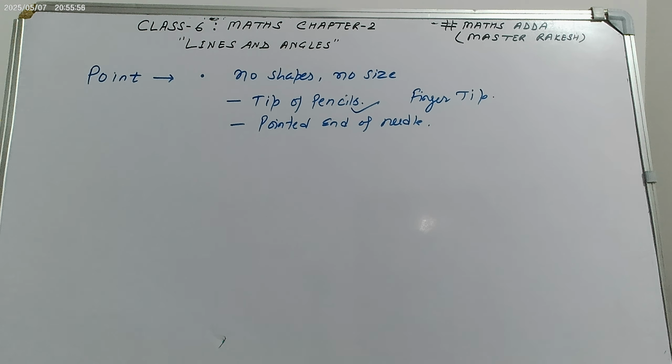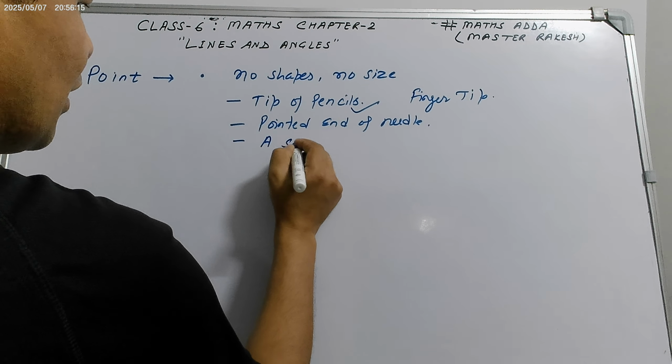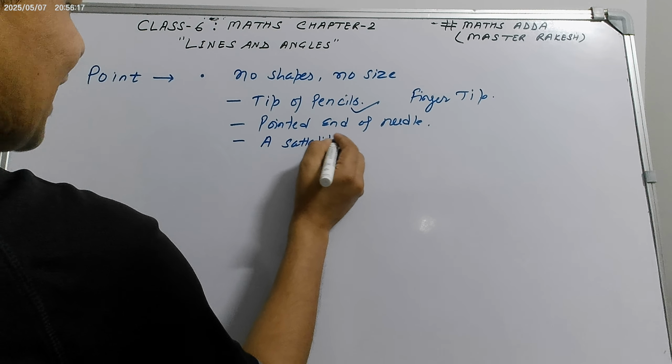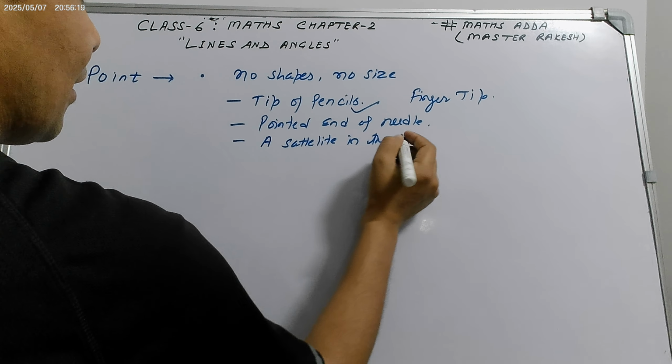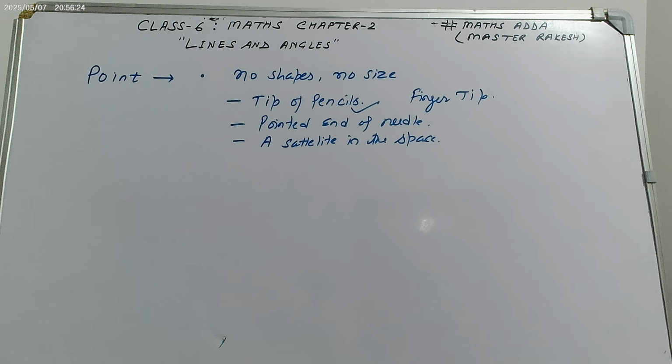Okay, so point, how many points can you draw in a plane? You can put n number of points, any points, you can put multiple points there. Okay, so a satellite in the space is again a point for you. Whatever we see which has no shape, no size, like the corner of a room, is again a point for you.